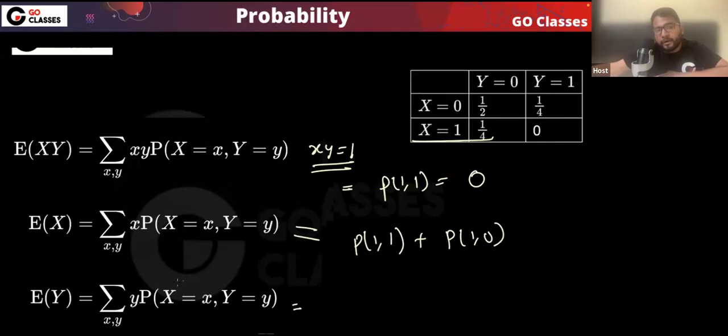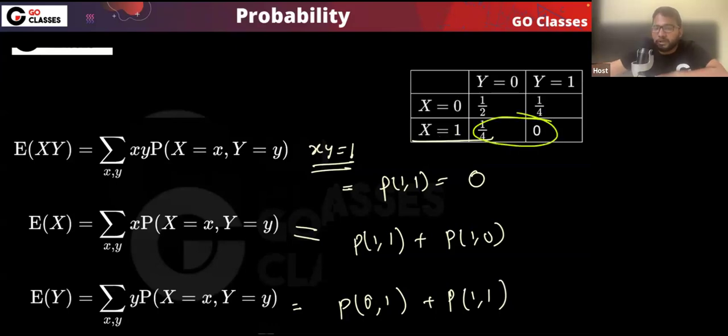Here, whenever y is 1, x can be 0 or x can be 1. So what is this, P11 plus P10 whenever x is 1? It is actually the probability of x equal to 1. So it is 1 by 4. Whenever y is 1, it is again 1 by 4, right?